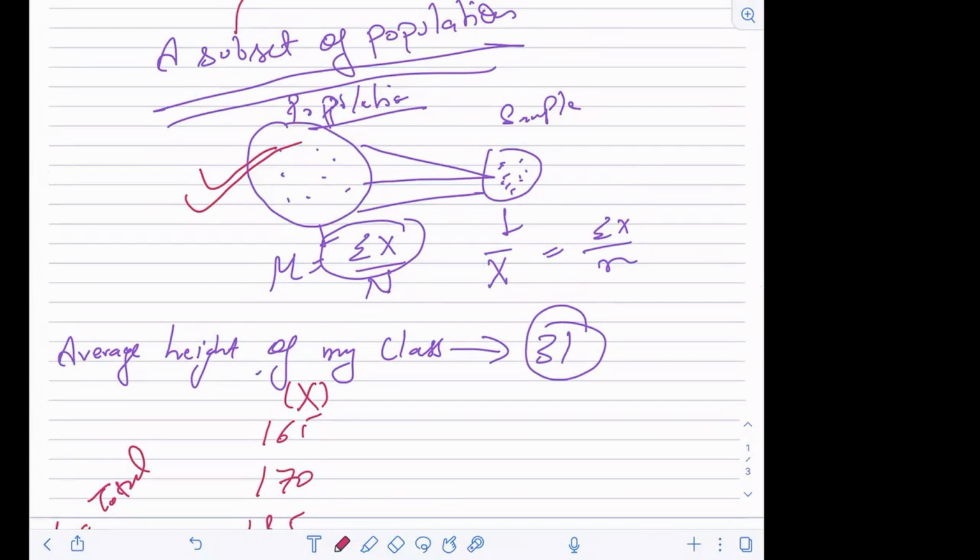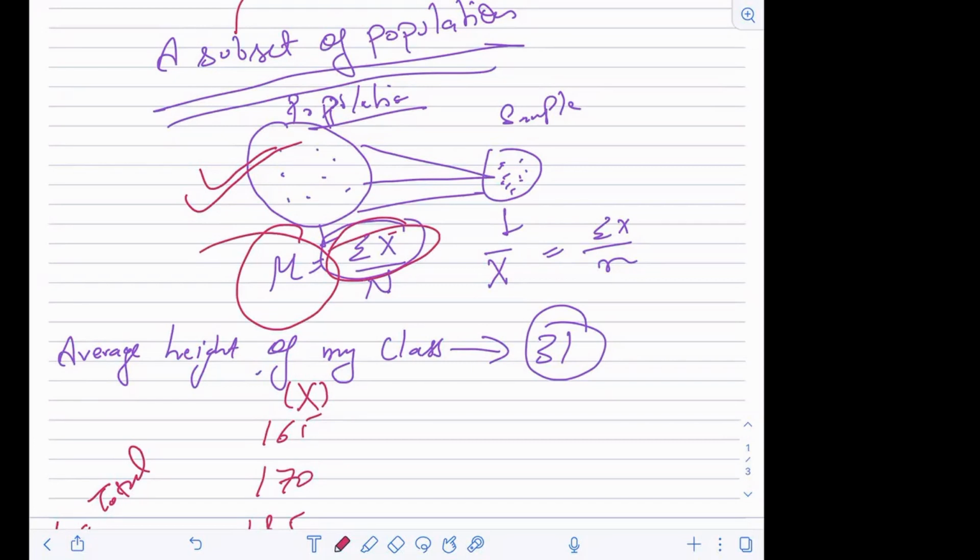Imagine that the population is so big that I cannot learn this mu. Because for mu, what do you need? You need sigma x, you need the total of x. But this x is so big, or not only big, but also uncertain.